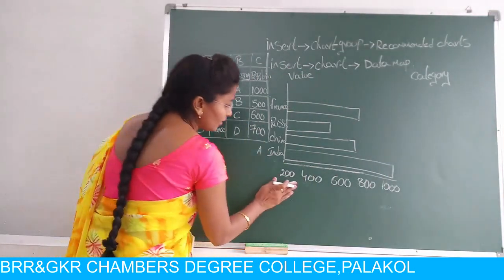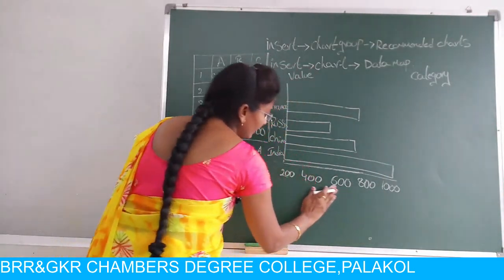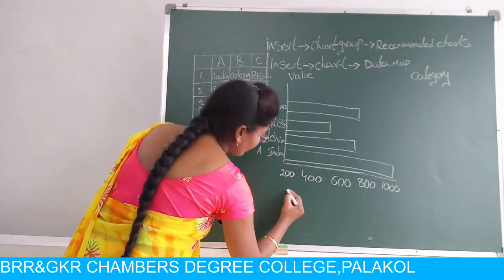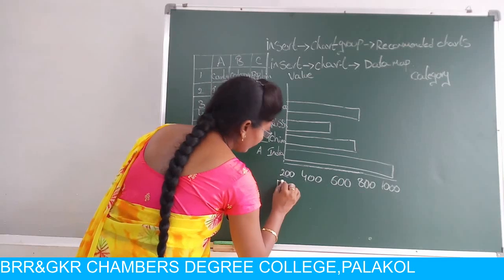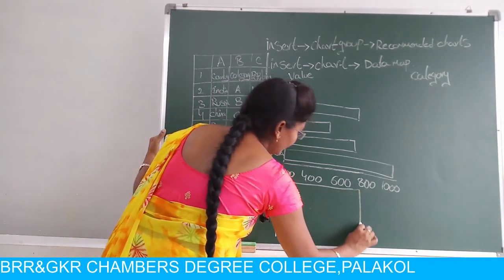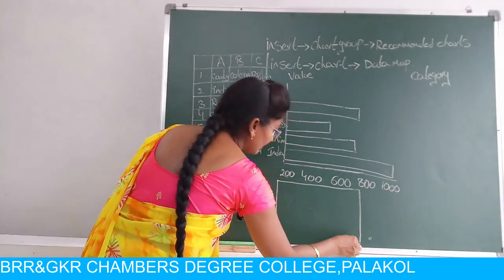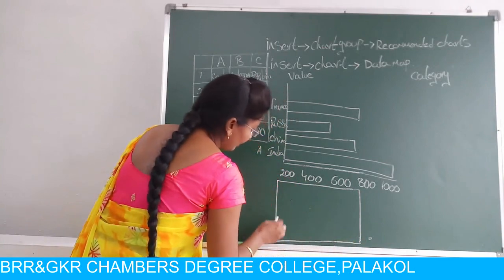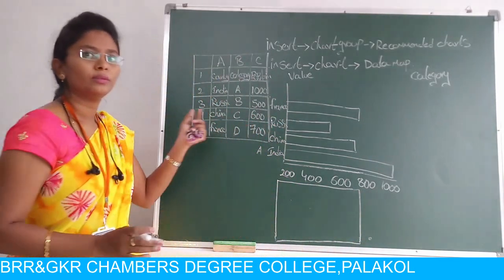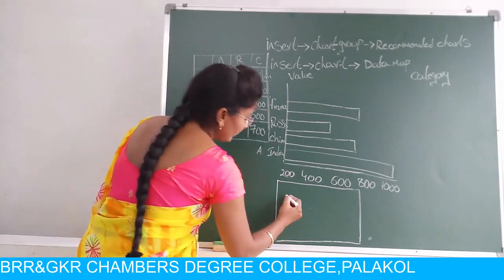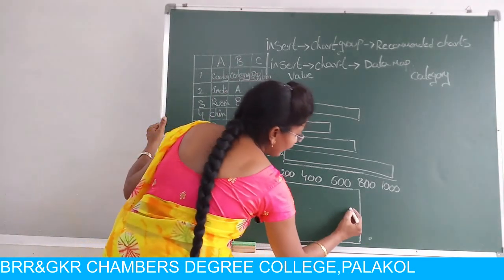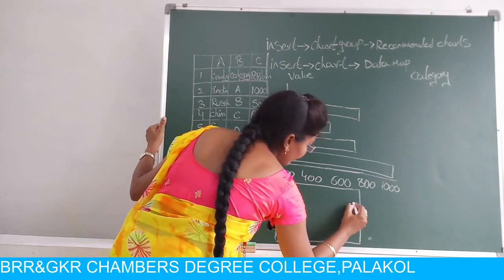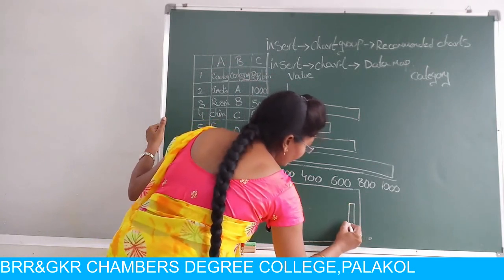At the downside, you can see the map area. That means in this box, it will display the map according to the data. And in this area, the map will be displayed. And at the right hand side, you can see one bar like a column bar.